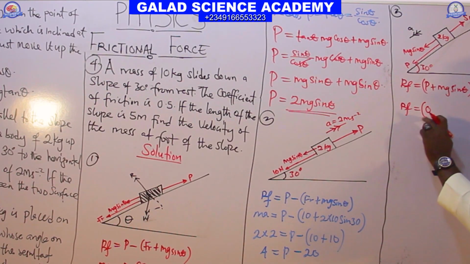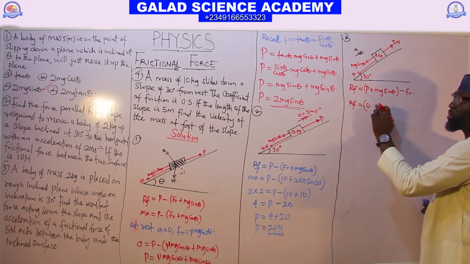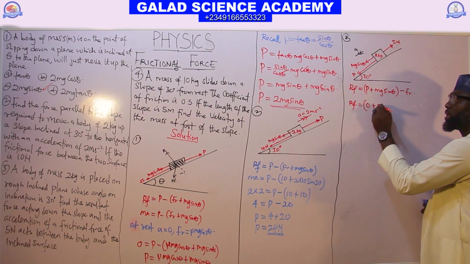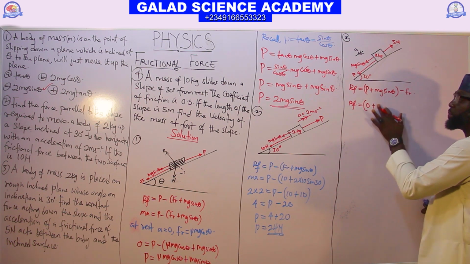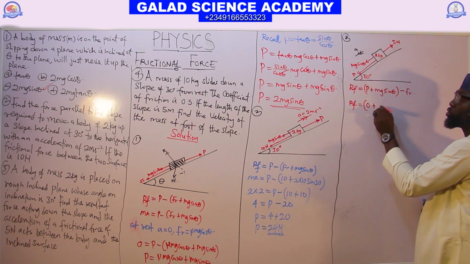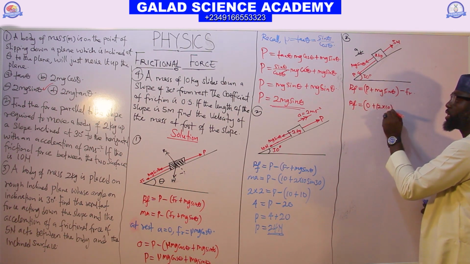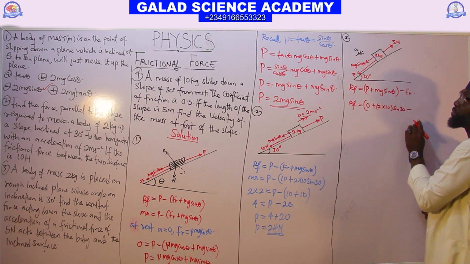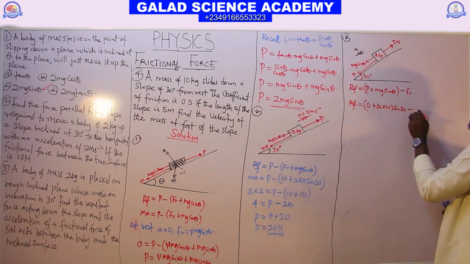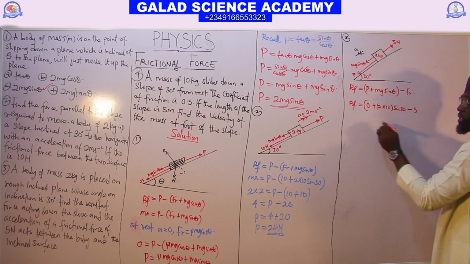The resultant force is the applied force, which is 0, plus mg sin theta minus the frictional force. The mass m is 2, g is 10, sin theta is sin 30, and the frictional force is 5 Newton.